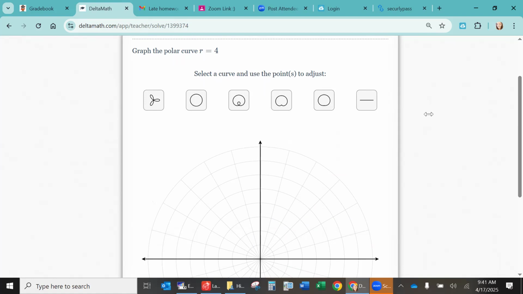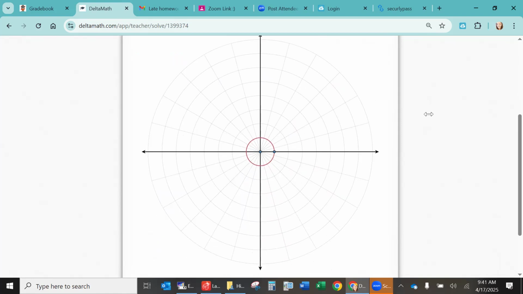Perfect circle. Now remember, on your calculator, it looks like an oval, but that's because your screen's not a perfect square. Then where is my circle centered? Is it centered in the middle? Yes, and what ring should it stretch out to? So 1, 2, 3, 4.